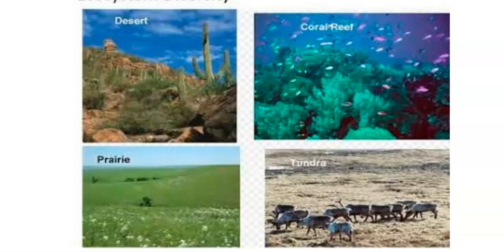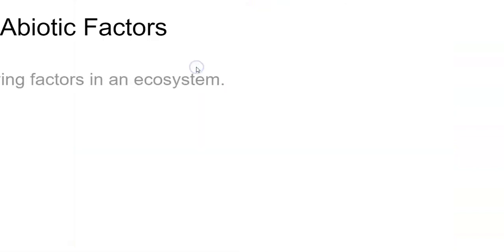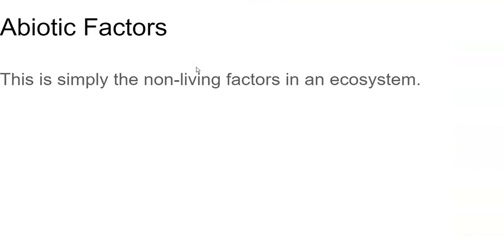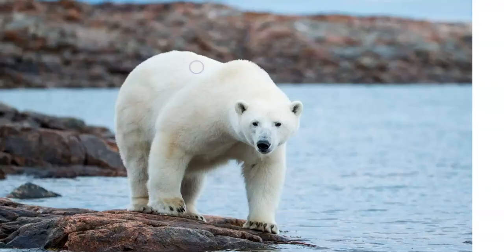You've got other places like tundra that's very cold much of the year, and prairie where there is rainfall. So it's the abiotic factors, which are the non-living factors in an ecosystem, which will be important.